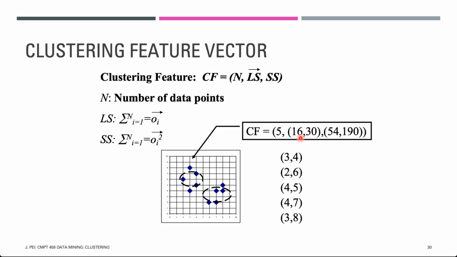And then we have (16, 30) because we have the sum of those points: 3 plus 2 plus 4 plus 4 plus 3 is 16, and 4 plus 4 plus 5 plus 7 plus 8 is 30. And similarly, we can calculate the square sum of those vectors, which gives (54, 190).